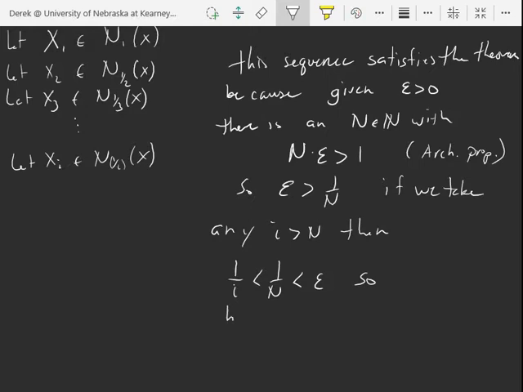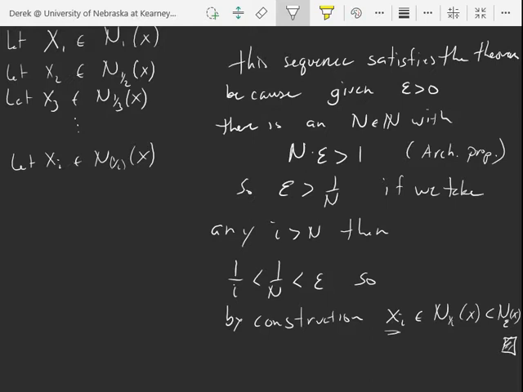So, by construction, x sub i being inside the neighborhood of 1/i of x is a subset of the neighborhood of epsilon of x. i was arbitrary, so as long as i is bigger than n, this works. That's our proof of that little theorem.